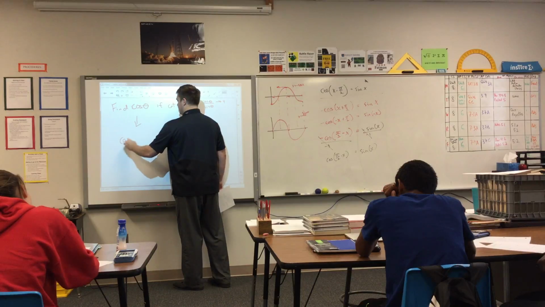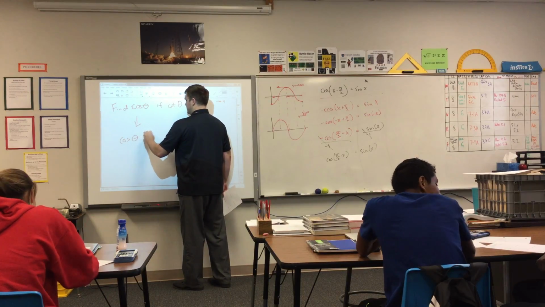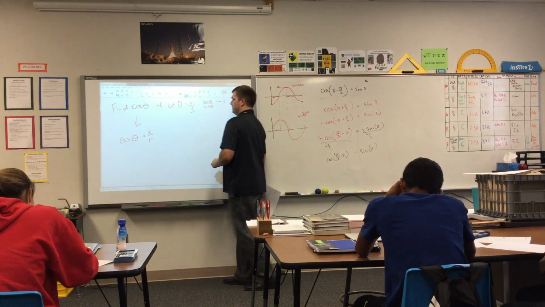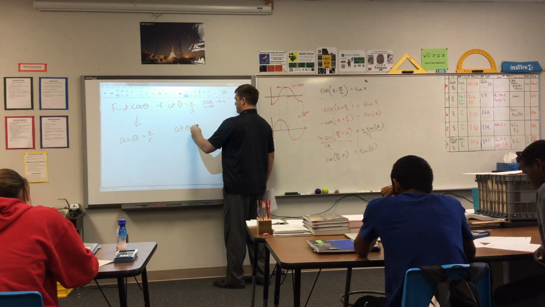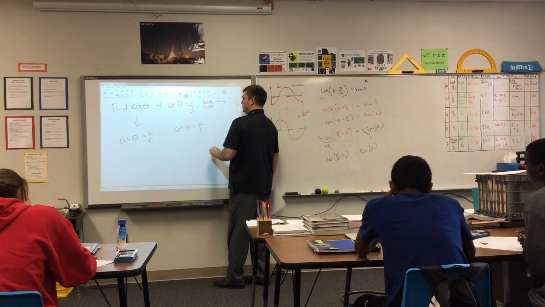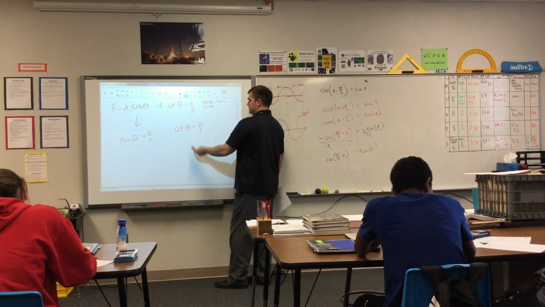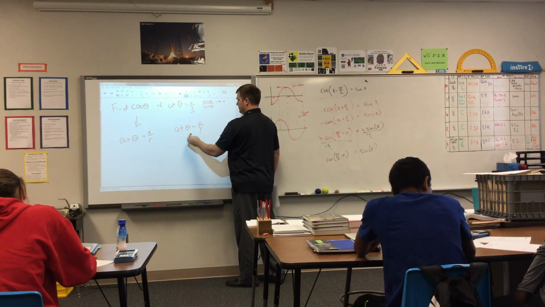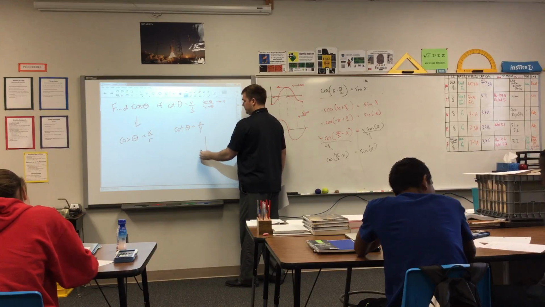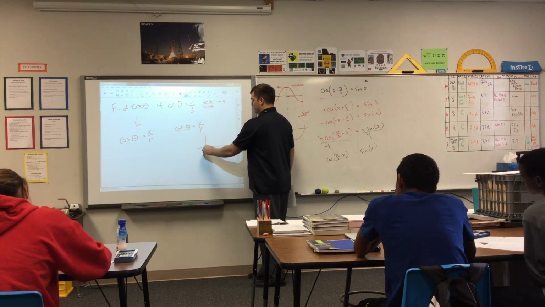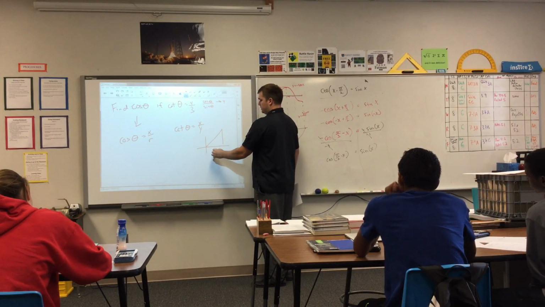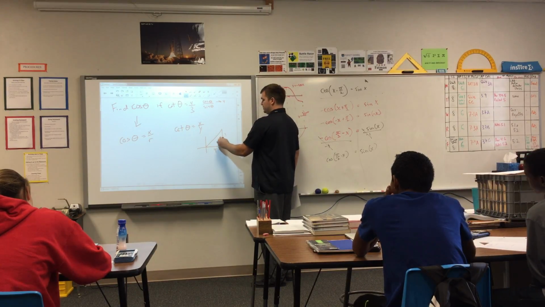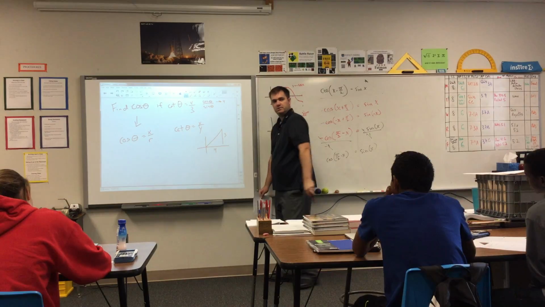Alright. So cosine of theta, in terms of x, y's, and r's, is x over r. What is cotangent? X over y. Okay. So if we were to draw a picture of this, we have x, which is 4, y, which is 3. Hey, I know that triangle.